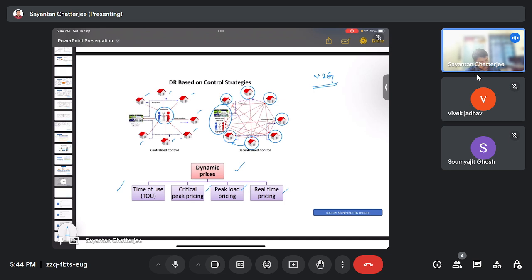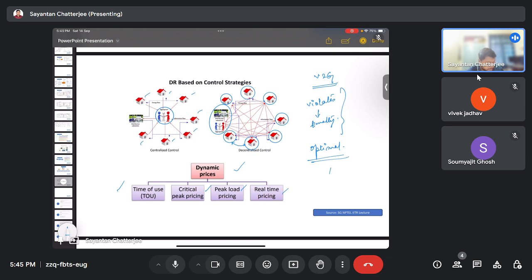If someone violates, that would lead to a penalty. Everybody should try to follow the optimal way that has been assigned, but somehow it becomes difficult for some people.